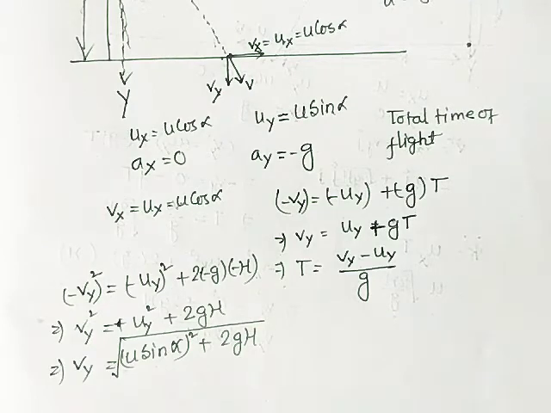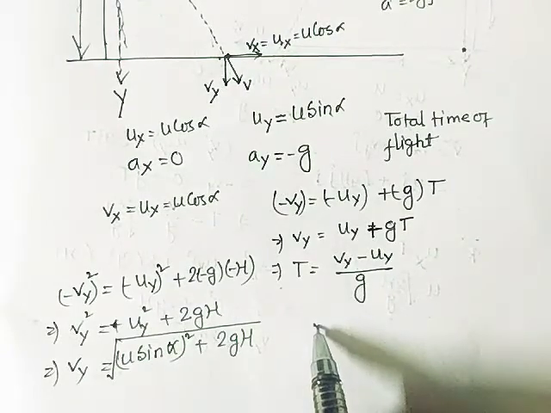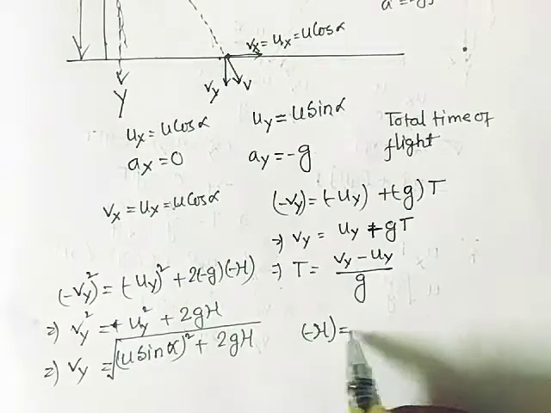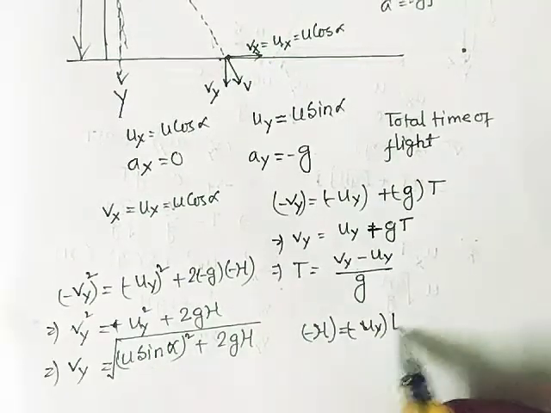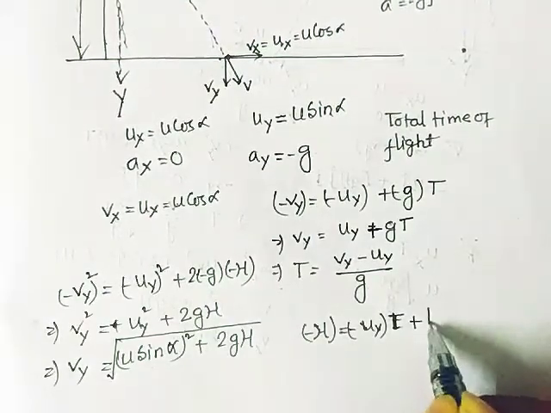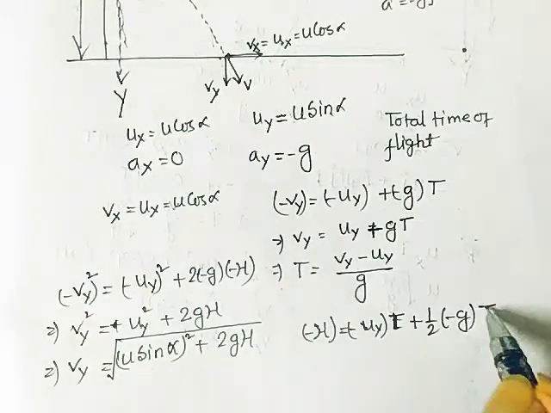The time of flight can be understood from another equation, but the same thing will come. Minus h equal to minus uy into capital T, the total time of flight, plus 1 by 2 into minus g into t square.